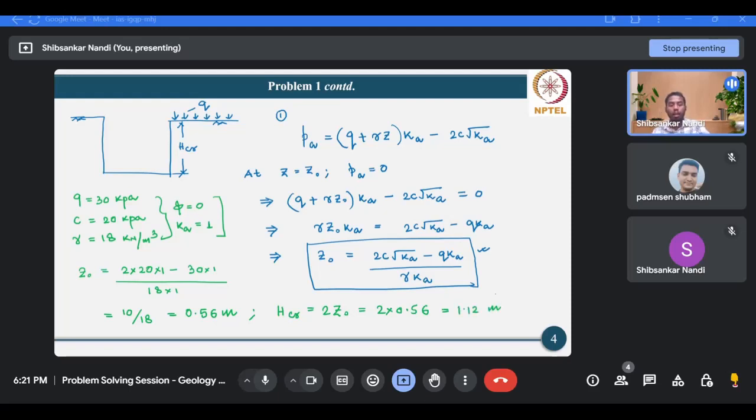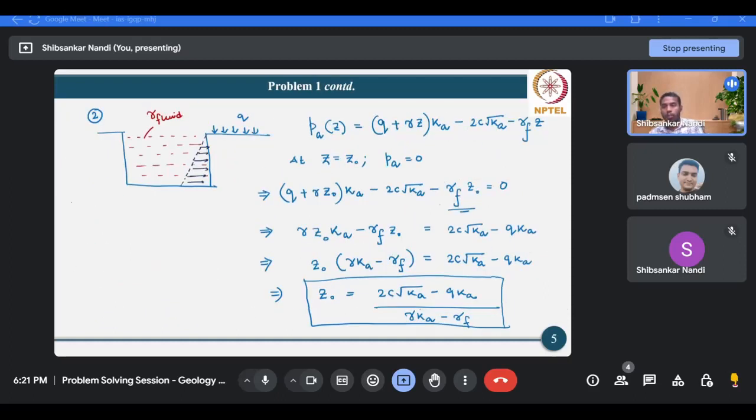But this is not the answer to this question, because we have to consider the fluid as well. So gamma fluid is given as 12 kilonewton per meter cube. So Z0 would be 2 into 20 into 1 minus 30 into 1 divided by 18 into 1 minus 12.